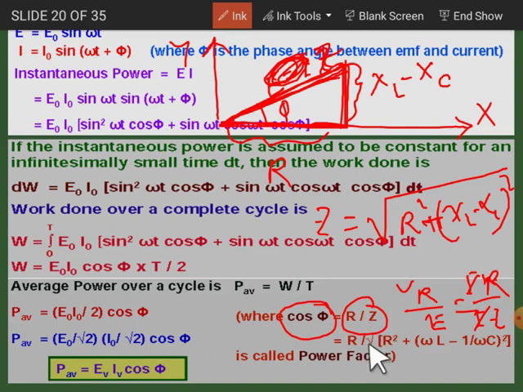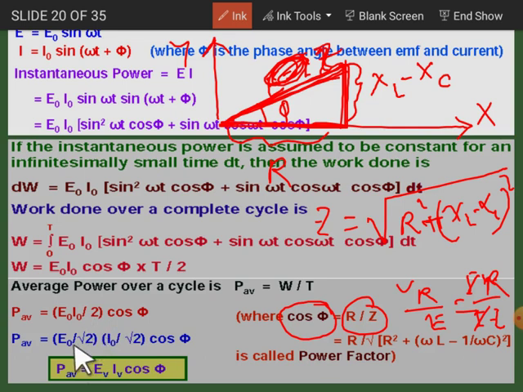Instead of Z, you can replace it like this. So we call this the power factor, okay? Now, instead of E naught and I naught divided by 2, we can write E naught divided by root 2 and I naught divided by root 2, because root 2 into root 2 becomes 2 again.